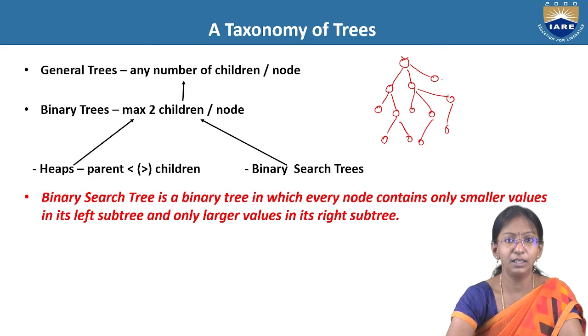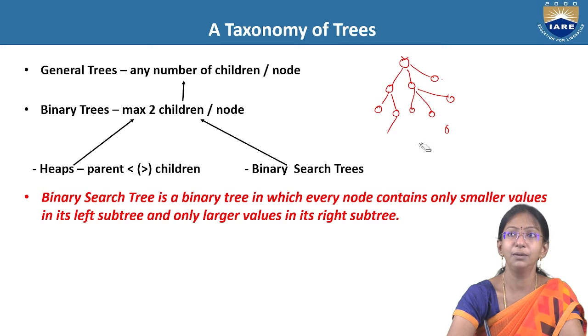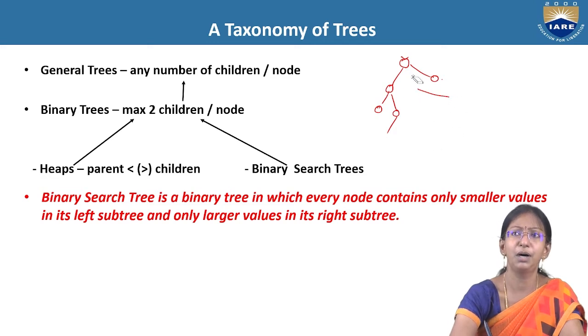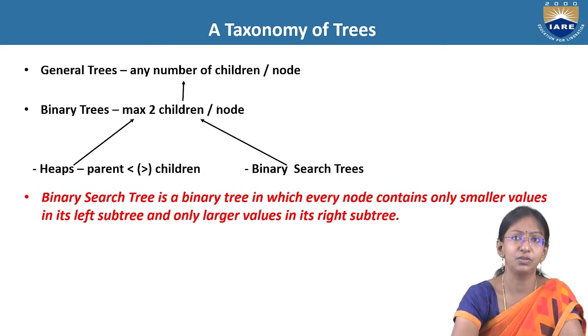But storing data in such types of trees, free trees, there will be a constraint in how to traverse. We do not know how many children a node has, so we do not have boundaries. To overcome that, or to put a boundary limit on this tree, non-linear data structures came up with binary trees, where they kept a constraint saying that a node can have a maximum of two children.